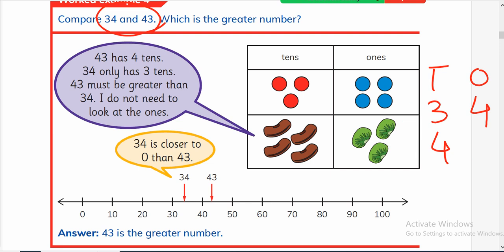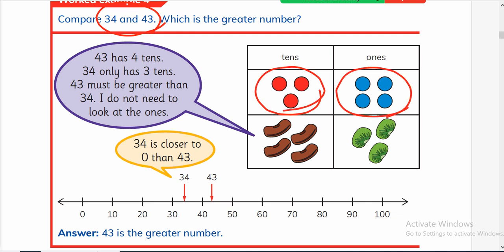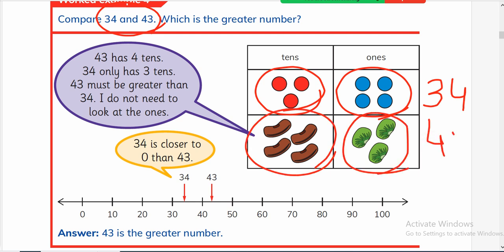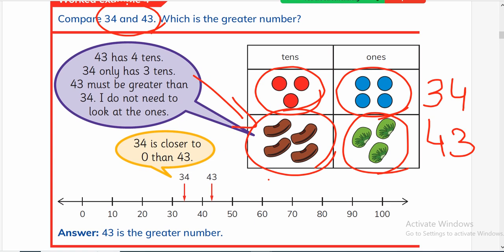So 34 is less than 43. Here we just have to tell the students that 34 has fewer tens and more ones, and 43 has more tens and fewer ones. So the value of tens is more. Tens are bigger than ones. That's why this number is bigger.